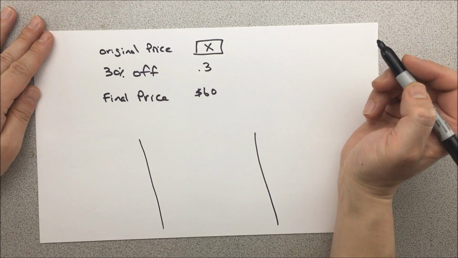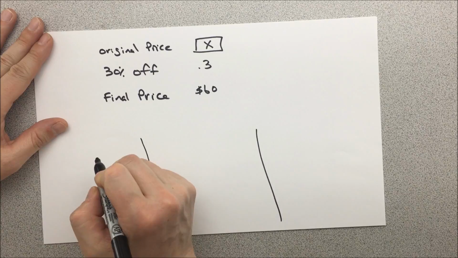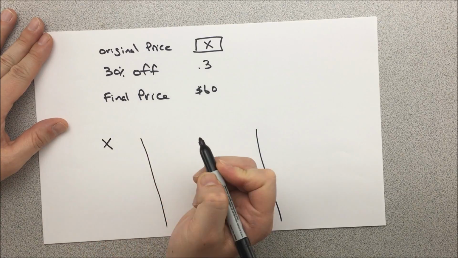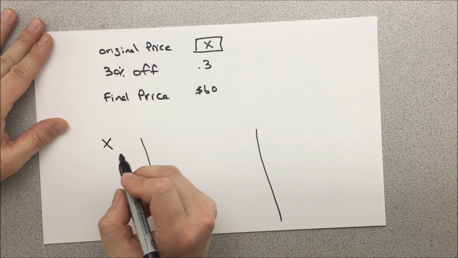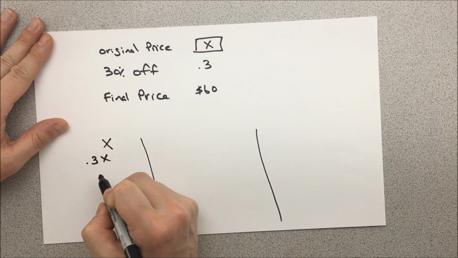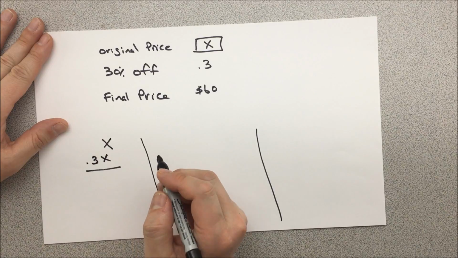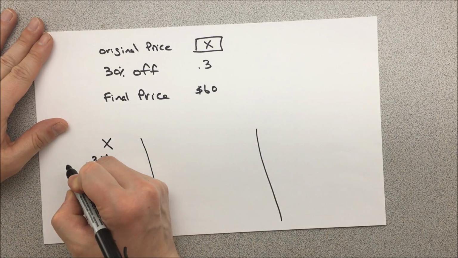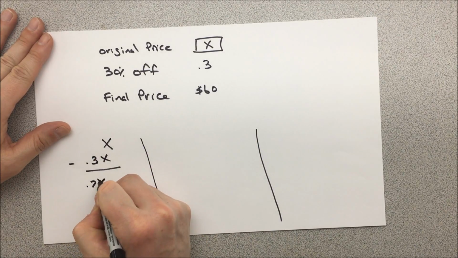So one way that your child could solve for this is to understand the original price was x, the discount amount was 0.3x, and the final price in terms of a variable would be 0.7x.